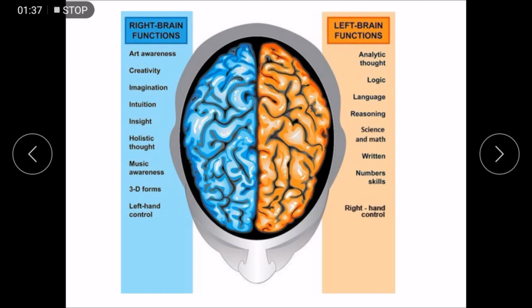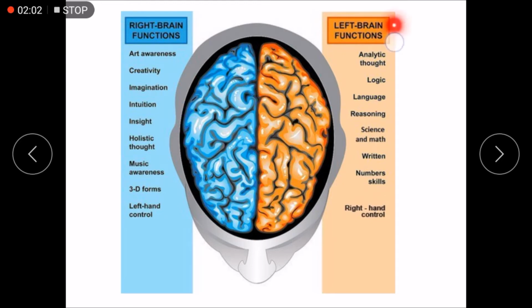So you have learned or you know a lot of this, but for biology, it's not important for you to memorize all the functions of the left brain or the right brain. But you have to know the main thing, the very simple one, where we know that the left brain will control the right hand side of the body.